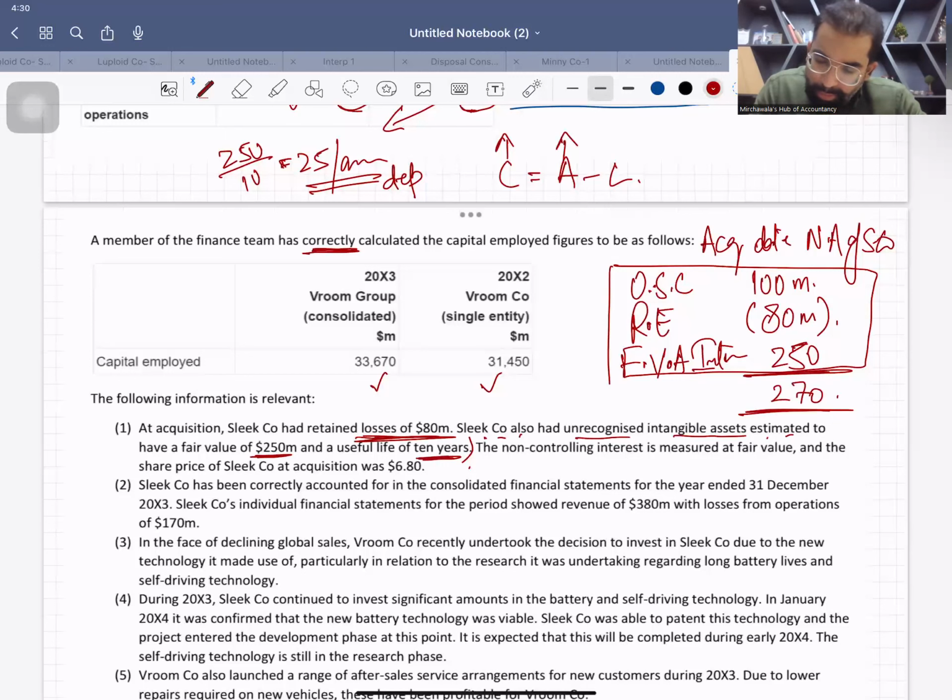So the non-controlling interest is measured at fair value, and the share price of Sleek company at acquisition date was 6.8.